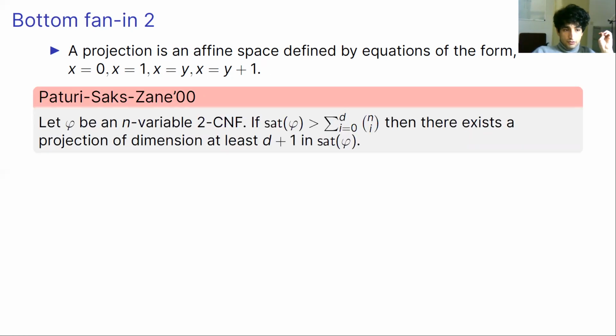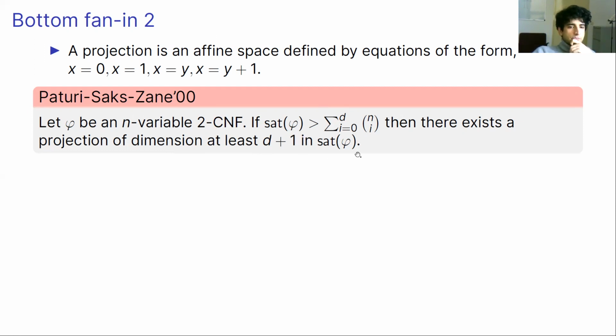Paturi, Saks, and Zane showed that a 2-CNF formula with sufficiently many satisfying assignments in particular contains, in its set of satisfying assignments, a projection of large dimension. Now this is an affine space, so you can think of the dimension of an affine space.